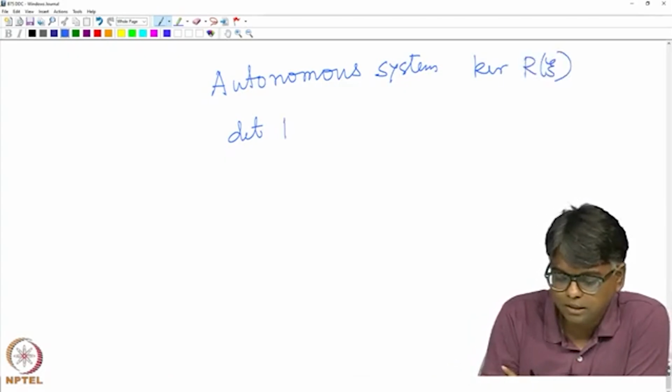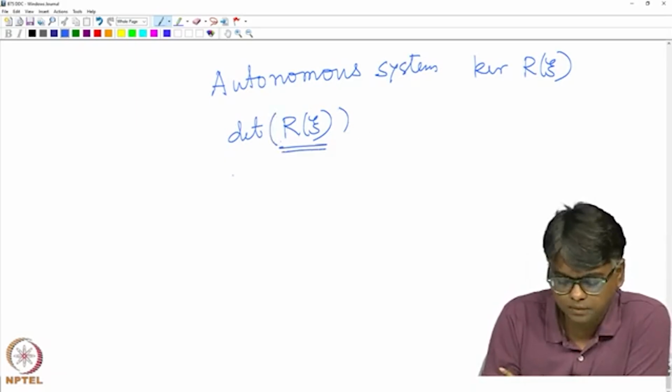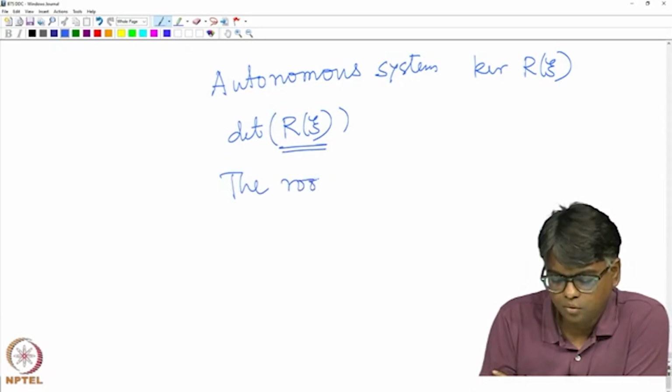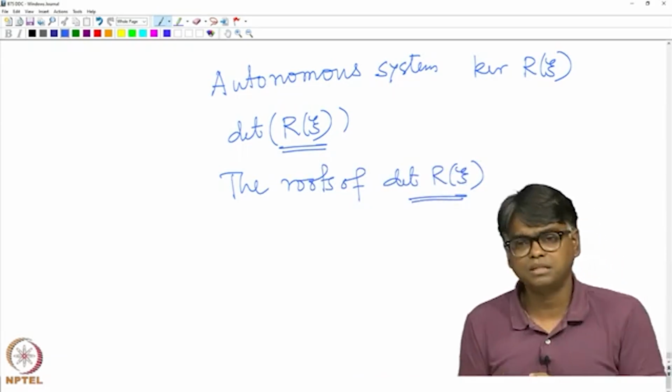We need to find out the determinant of this. Those are the roots of this polynomial, and they are the ones that determine the response of the system, isn't it?